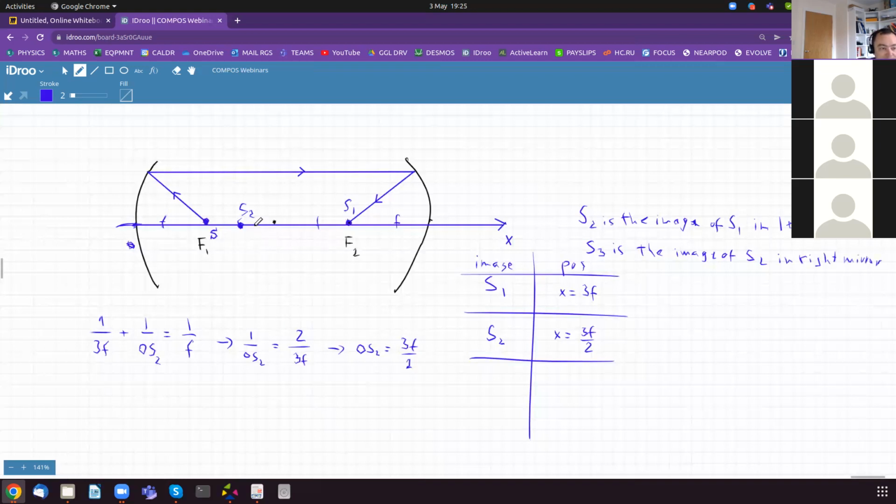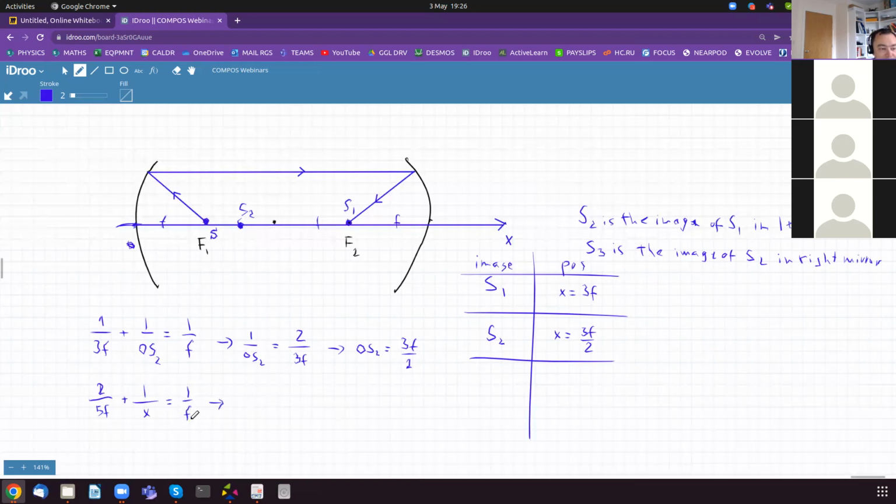And for the right mirror, the object distance of S2 is going to be 4f minus 1.5f, so it's 5 over 2f. Then 1 over 5f over 2 plus 1 over x equals 1 over f.